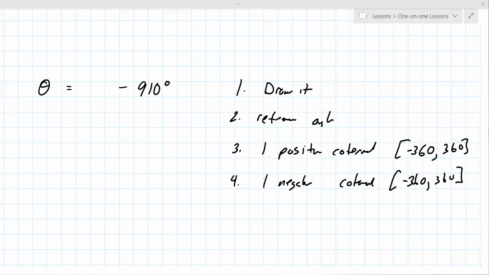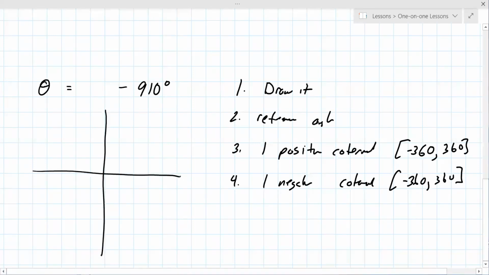All right, so when I draw this. Oh wait, I don't have the coterminal. Sorry. Okay, give yourself a little more time.